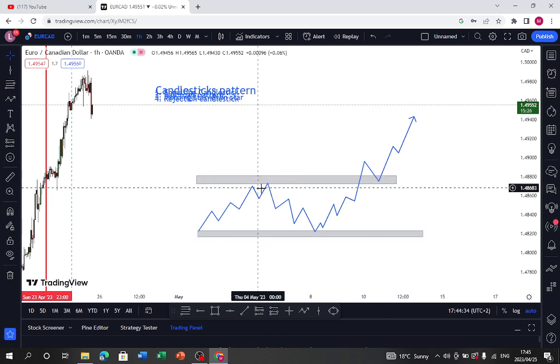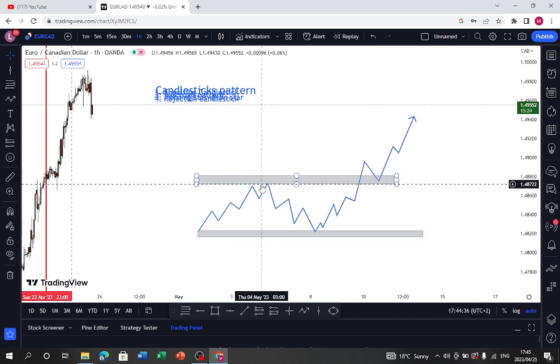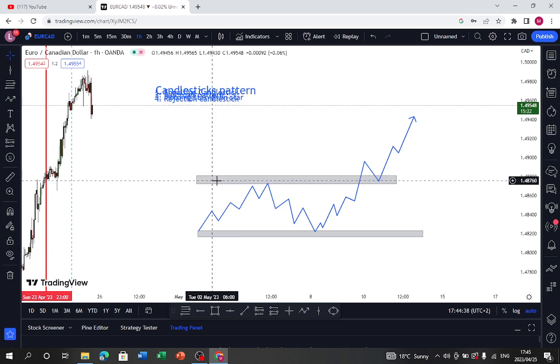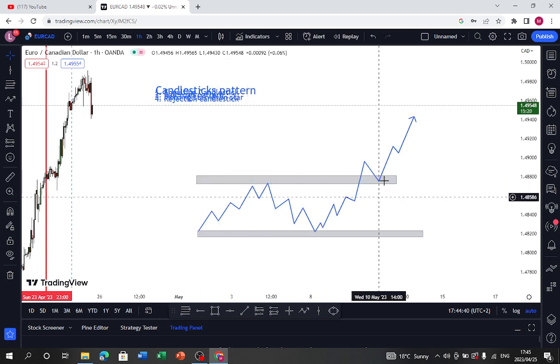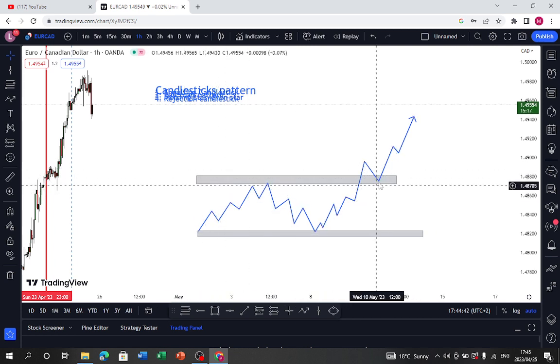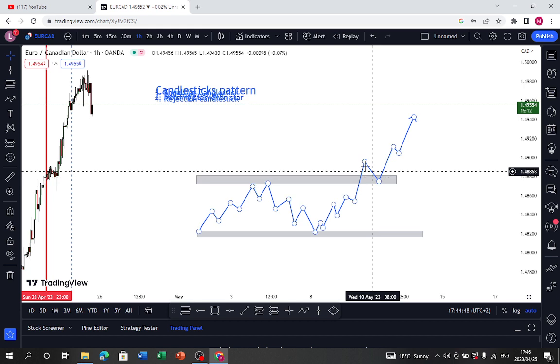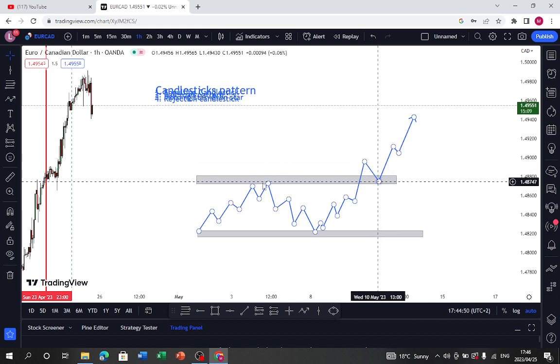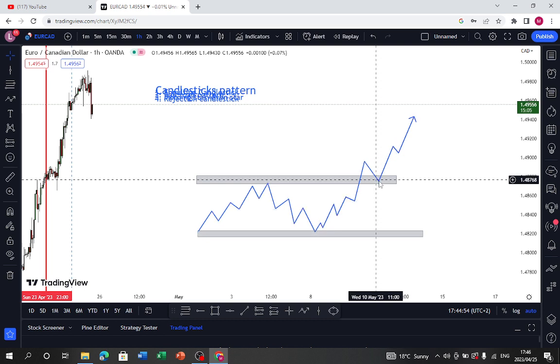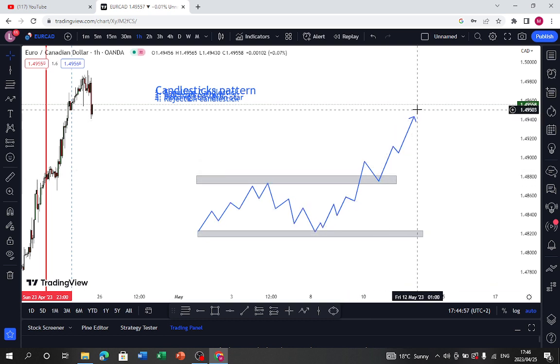We are saying this resistance can hold. Here we are saying it has been broken, now it's a support. We are saying this support can hold because it did hold the price here. So it has broken, now it came back to test the same level. We are hoping that the market is gonna hold the price from here, then skyrocket.